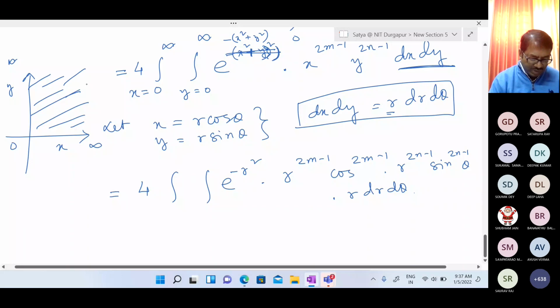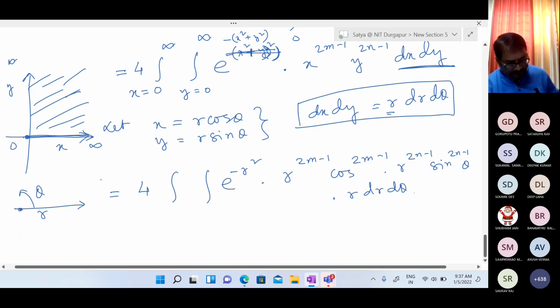And to convert this into polar coordinates, what do we do? Generally we take the initial axis, which we denote by r, and to cover the whole region we take some angle. To understand this region, we need r going from 0 to infinity, and theta should move from 0 to pi by 2.